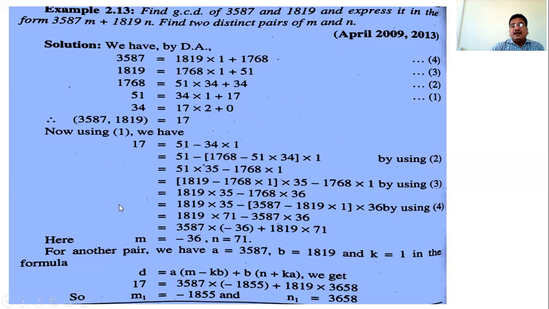Okay, and then use equation number 4 and find the value of 1768. It is 3587 minus 1819 into 1.